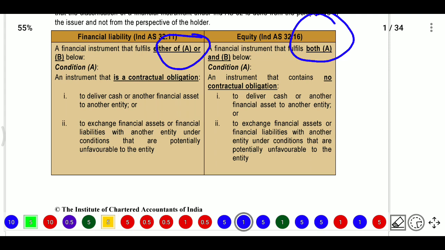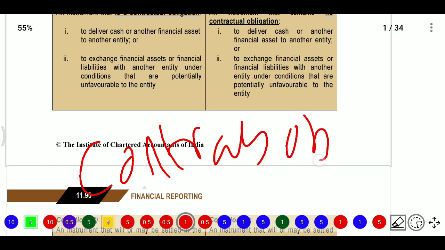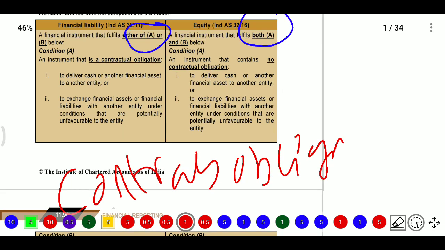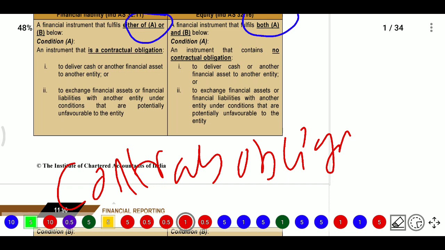So, if the entity has any contractual obligation, then it will become a liability. If the company does not have any contractual obligation, then it will become equity. Contractual obligation means they may have to deliver cash or other financial assets to another entity, so they are liable to pay cash or other financial assets.